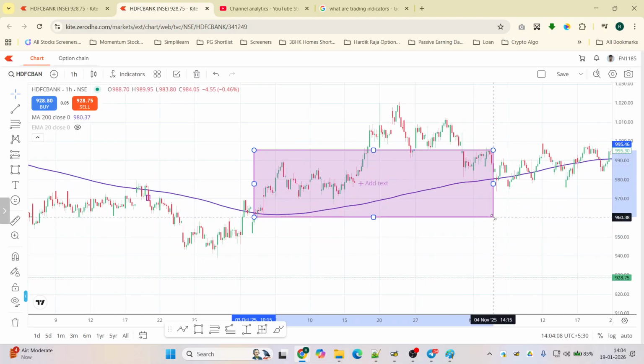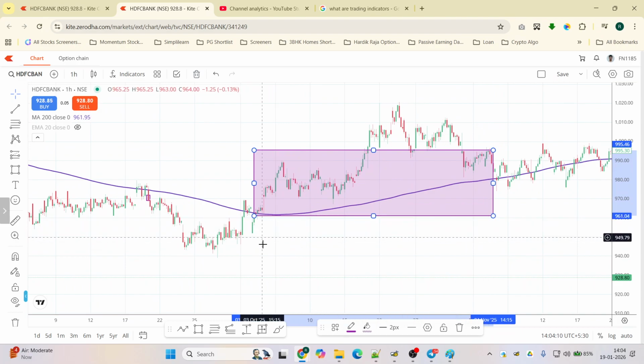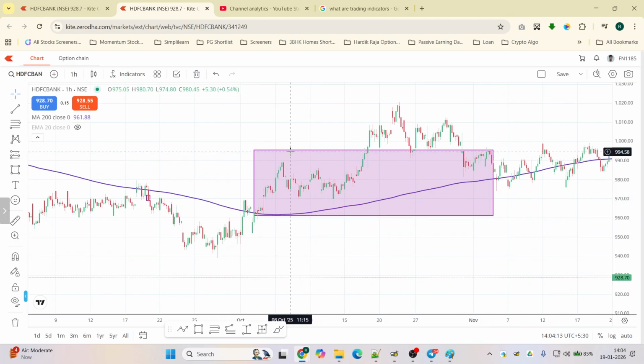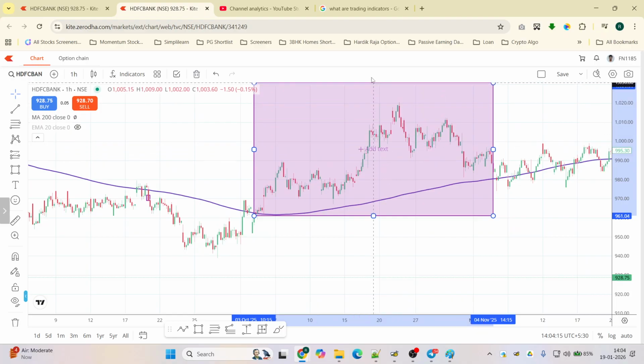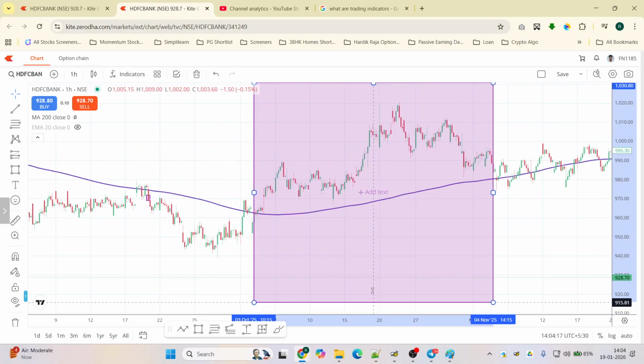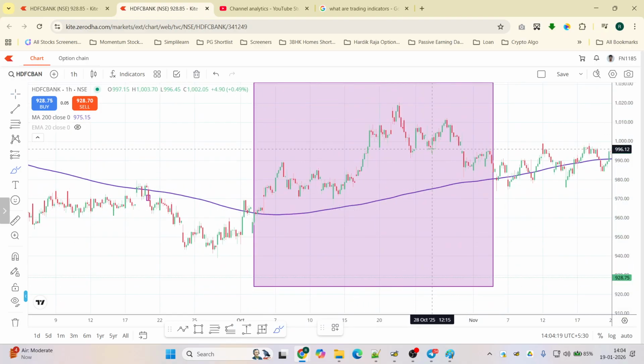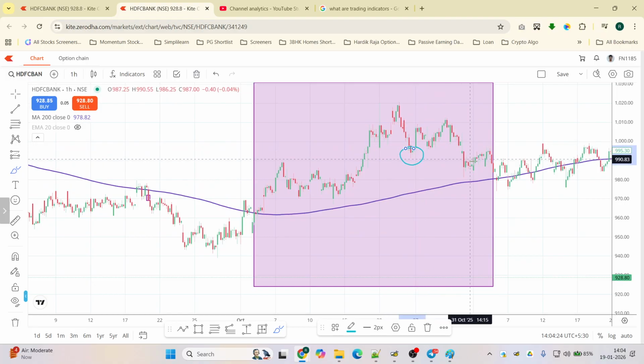They started here. Okay, the box is not working, but I'm just showing you the area. Okay, this is the area. So earlier, with the simple moving average 100, it was ending somewhere around here. Now because of 200, it is ending somewhere here.